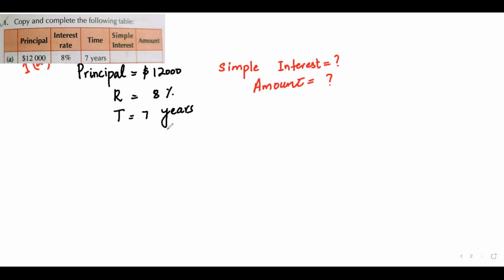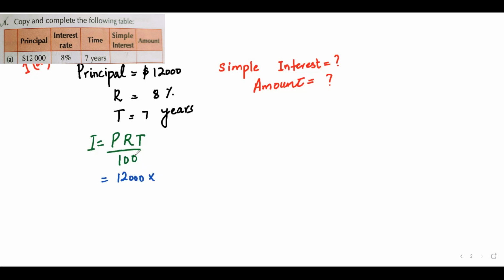Clear? So let's start with the simple interest formula. We know the formula for simple interest is I is equal to PRT divided by 100. Substitute the values. I stands for simple interest, so we have to find the simple interest. P is the principal, that is 12,000.